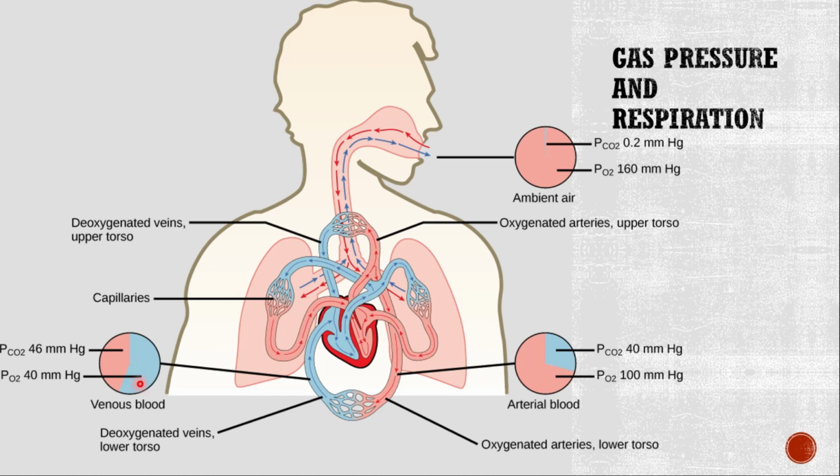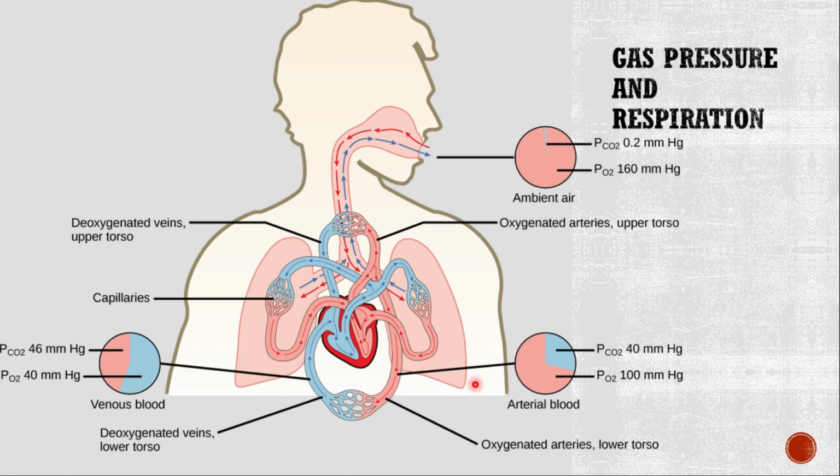At the same time, the alveolar partial pressure of carbon dioxide is just 40 millimeter mercury as compared to the blood, where its partial pressure is 46 millimeter mercury. It means that carbon dioxide diffuses down its pressure gradient, from blood towards lungs, moving out of the capillaries and entering the alveoli.